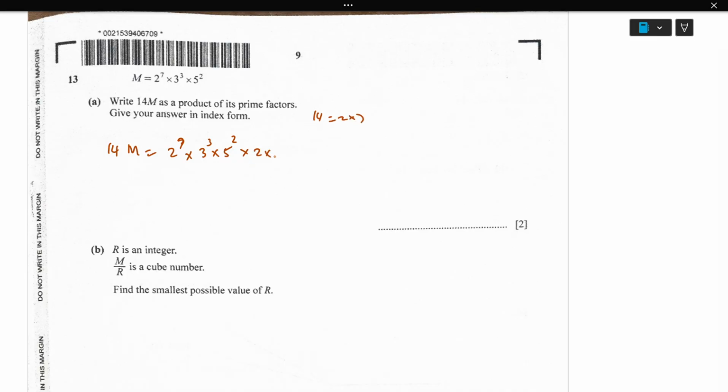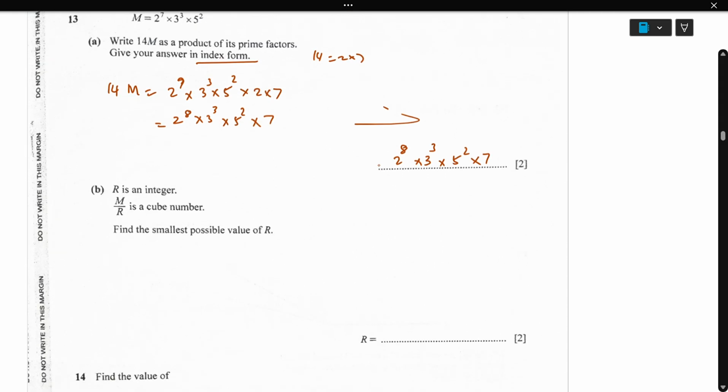So I'll write 2 and 7 here. We add up the 2s, which gives 2 power 8, and 3 cube, then 5 square, then 7. That's the answer: 2 power 8 times 3 cube times 5 square times 7. We need to leave the answer in index form, so this is the index form.